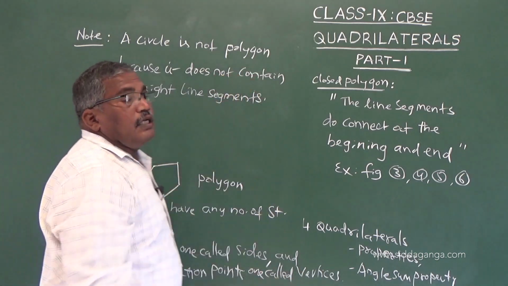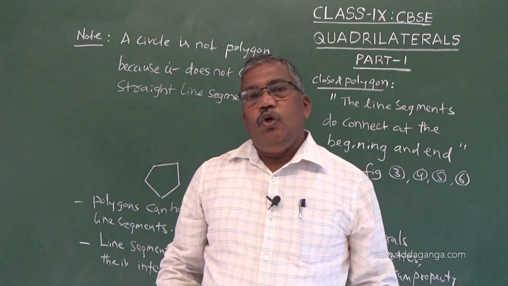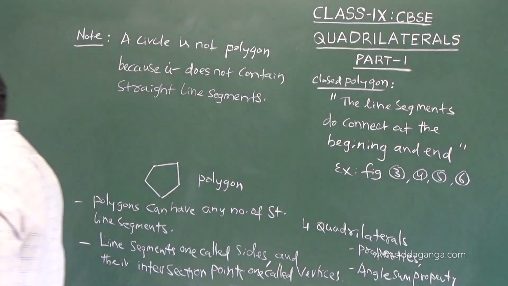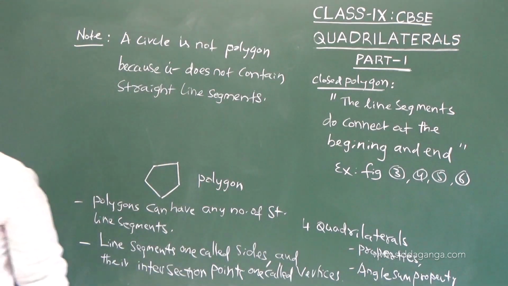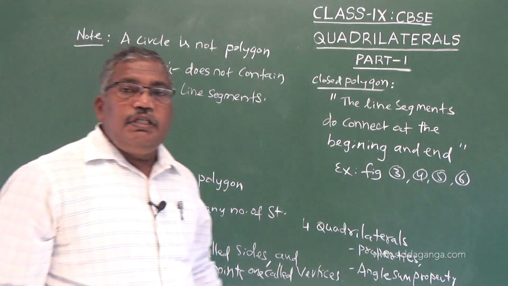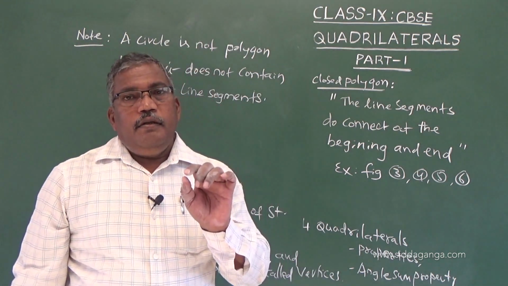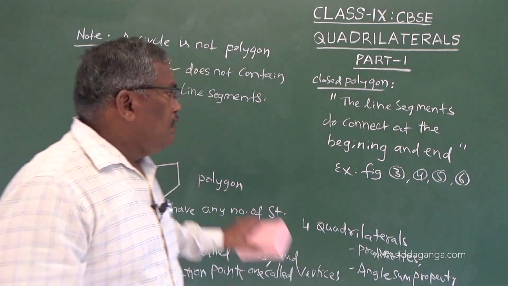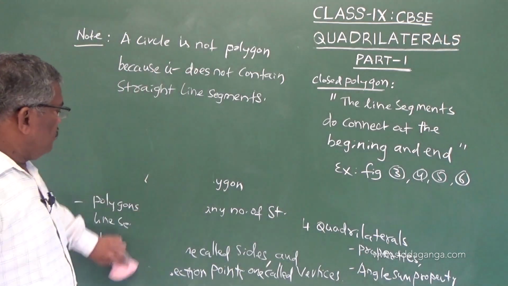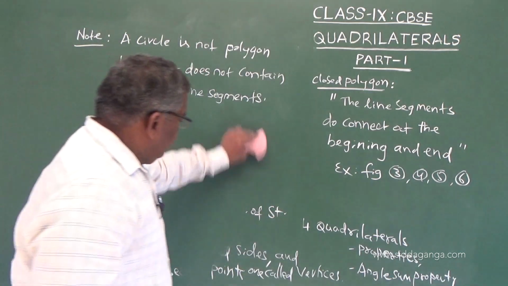So remember, a circle is not a polygon. For that matter, any figure having a curved side is not a polygon.